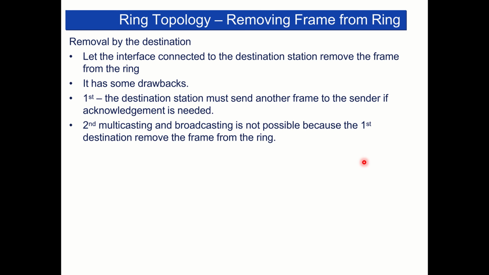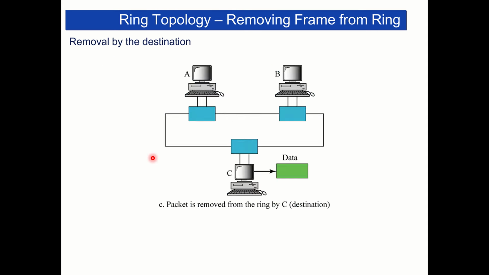With removal by destination, for multicasting we need to send a frame to many stations, but once the frame reaches one destination and that destination removes it, we don't have another frame for the next destination.